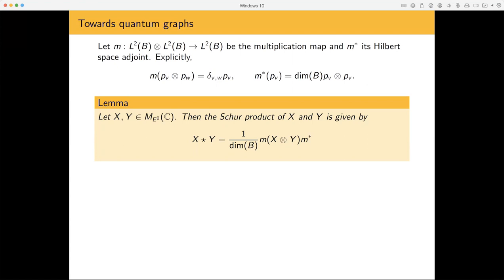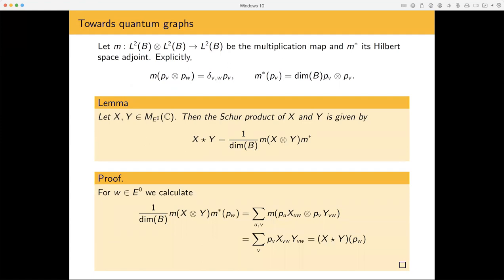So let's have a quick look at why this is. How can we check that the two sides are the same thing? We have to check that they act in the same way on our Hilbert space, so it's enough to check that on the basis formed by these projections P_W.